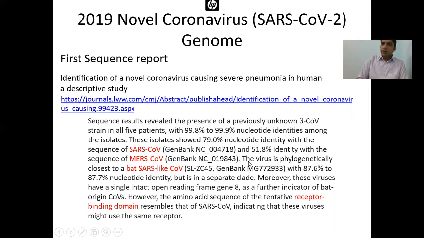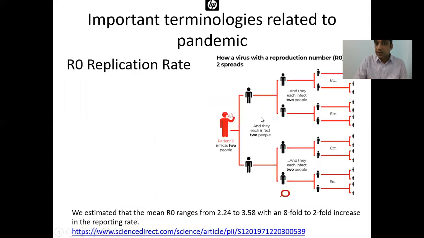But there are other candidate animals as well, certain reptiles and the pangolin, which has a similar sequence of coronaviruses as compared to this one, the novel coronavirus, SARS-CoV-2. Okay, so just browse that paper to get more understanding of the similarity.